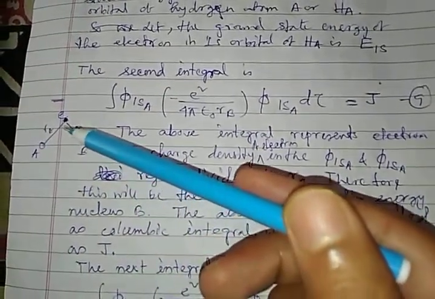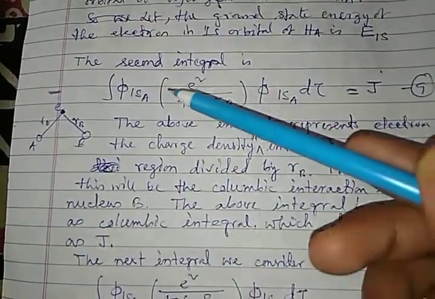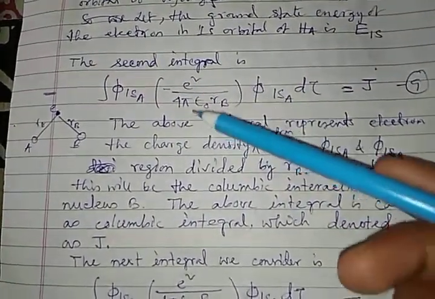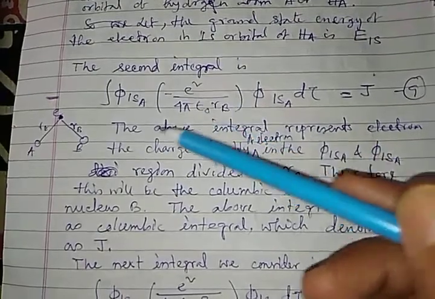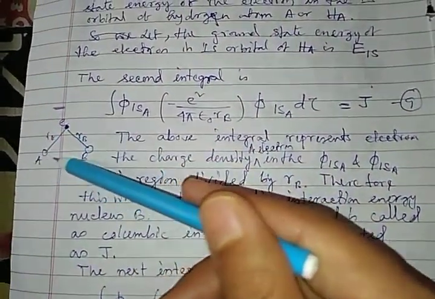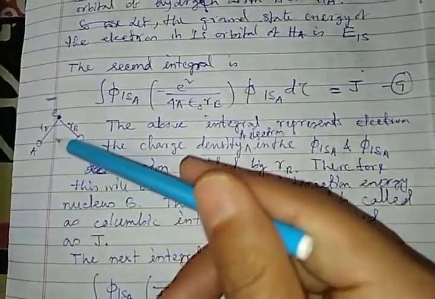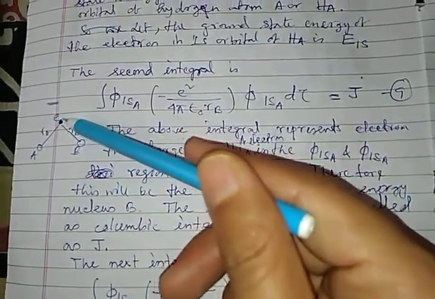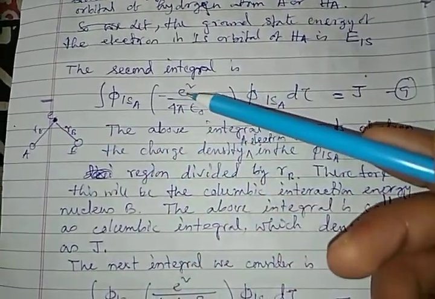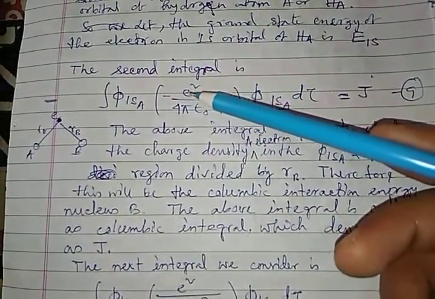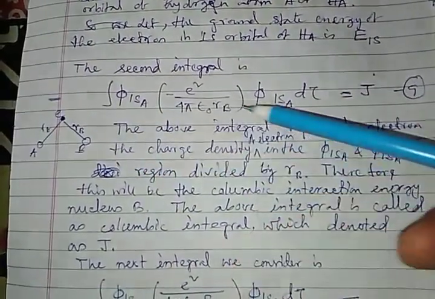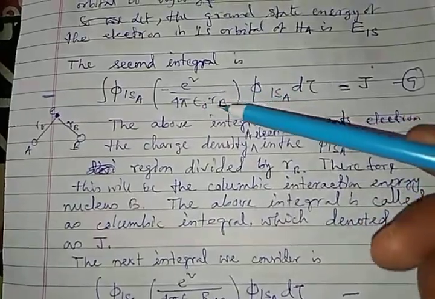The electron density is multiplied with the charge square divided by the distance. I am considering this is the orbital phi 1sA and the electron density here, and this electron density is attracted by what, the nucleus B, because we have an Rb term here.